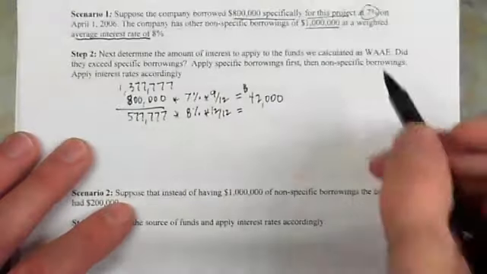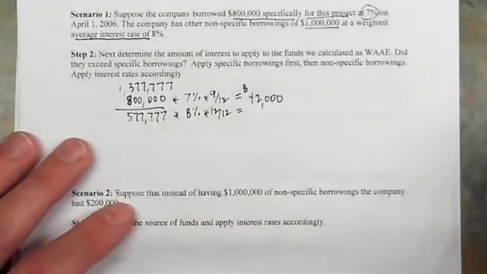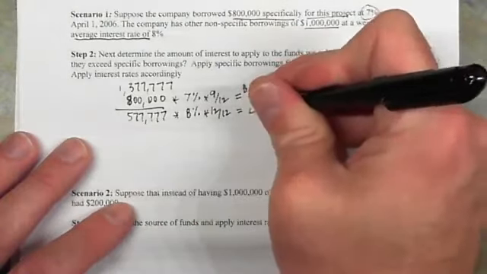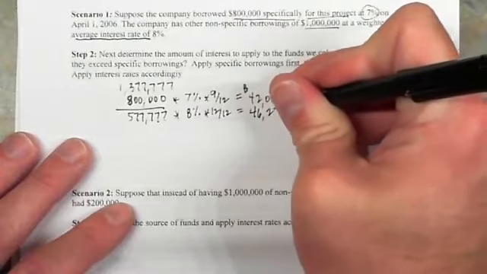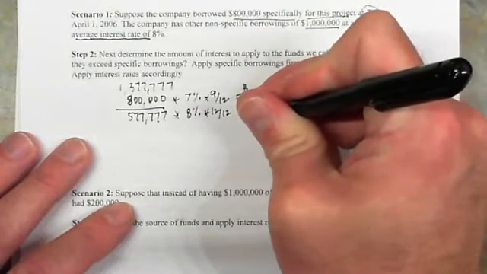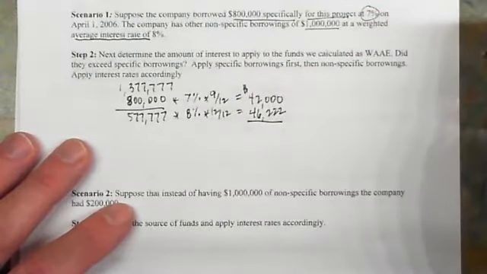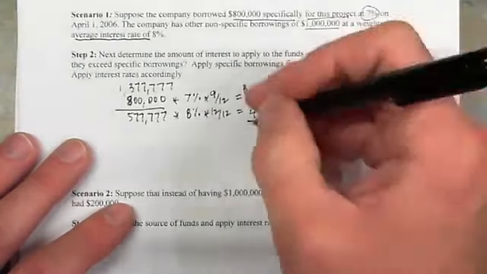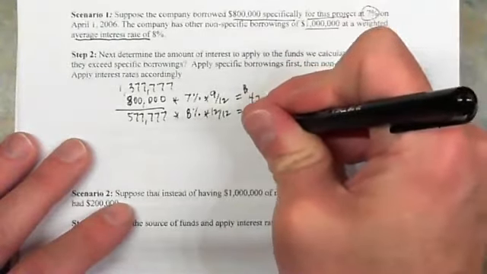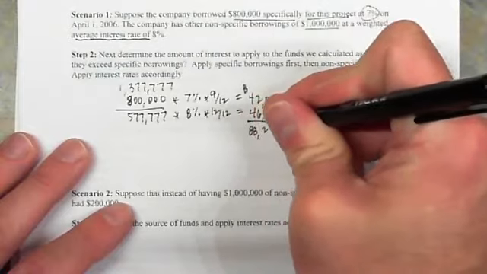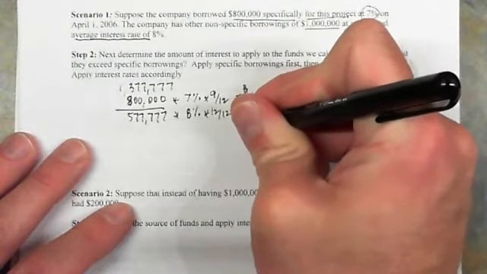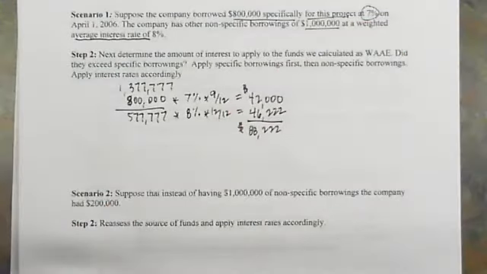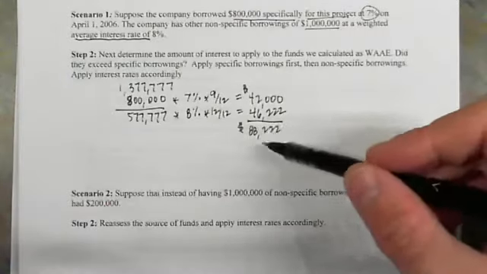That would mean that we can charge the entire 8% rate to those: 577,777 times 0.08 would be 46,222. Which means that we can then capitalize $88,222. So that's the amount we can capitalize.